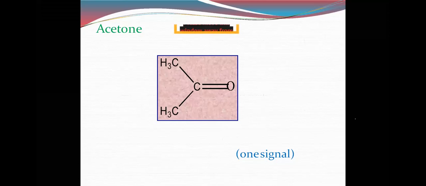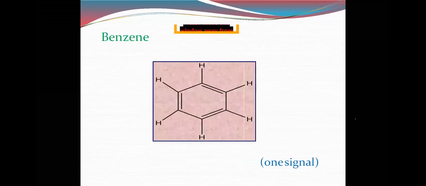Very good. Now look at benzene. Benzene has six protons, and all six have a similar electronic environment because of the delocalization of pi electrons. Every carbon has the same environment, so every proton has the same chemical environment.